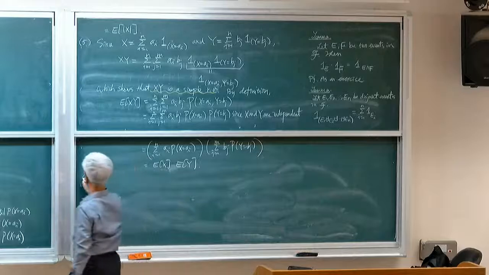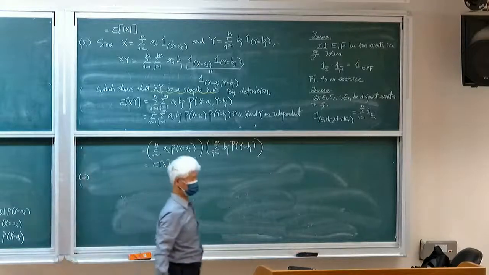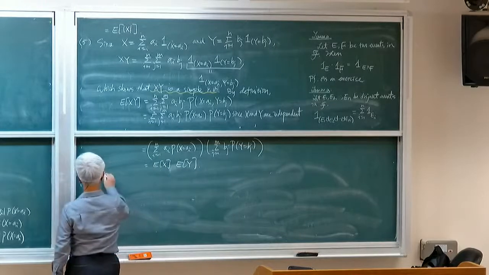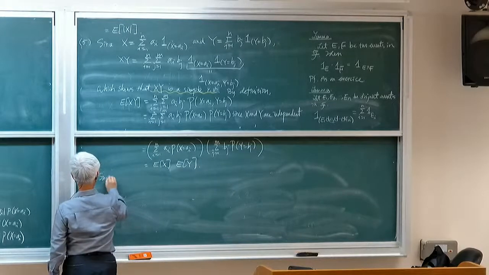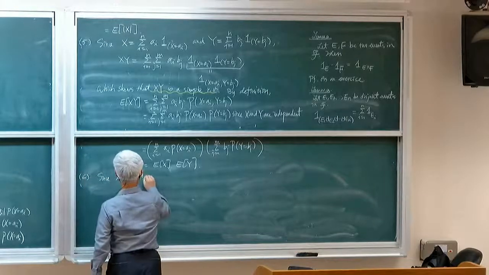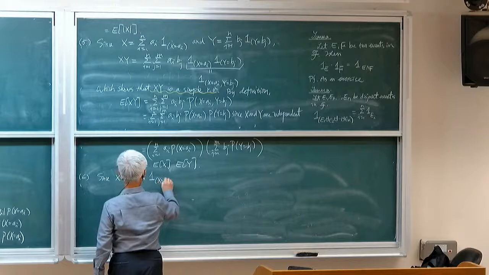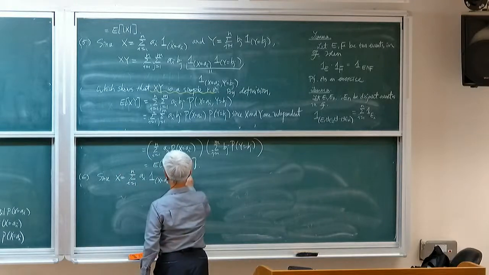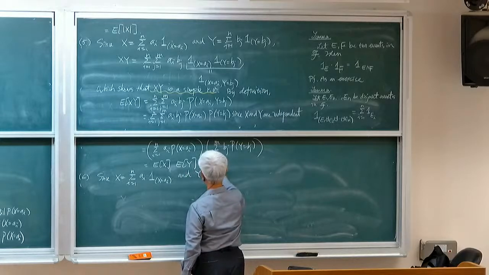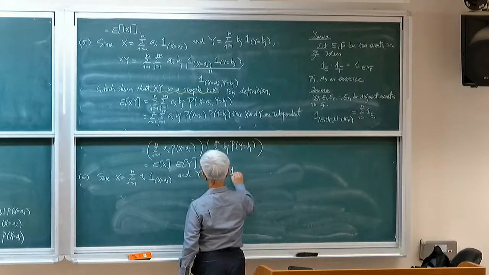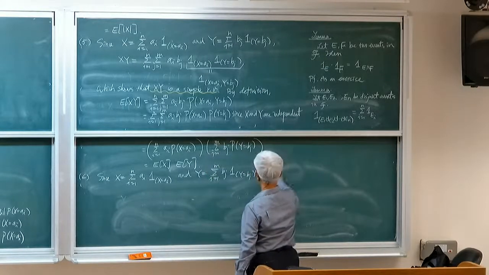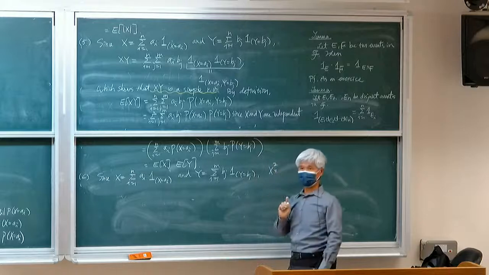Last one: the Cauchy-Schwarz inequality. Now, x is the sum of a_i times the indicator of x equal to a_i, and y is the sum over j from 1 to m of b_j times the indicator of y equal to b_j. So what is the square?